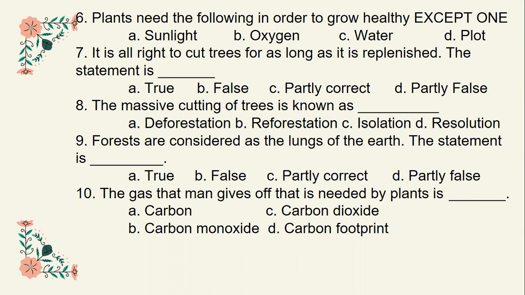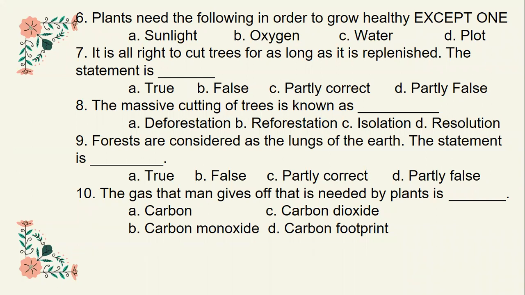The statement is A, true, B, false, C, partly correct, or D, partly false. Number 8, massive cutting of trees is known as A, deforestation, B, reforestation, C, isolation, or D, resolution.